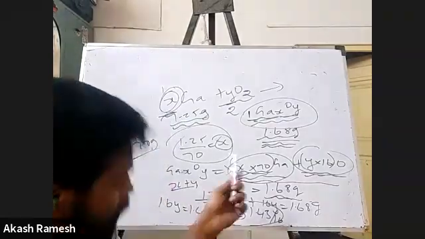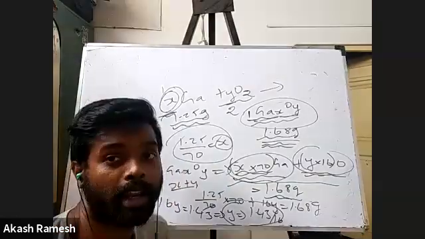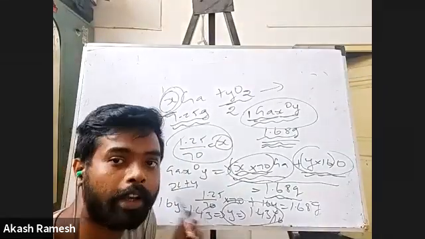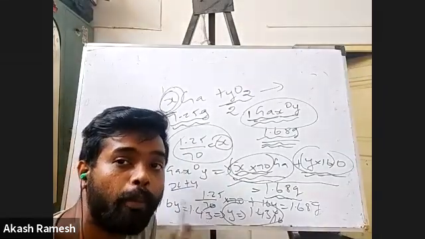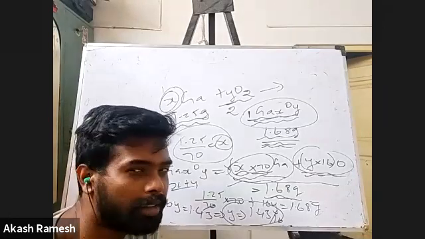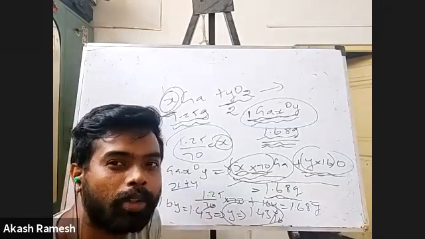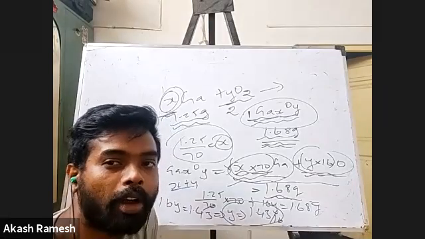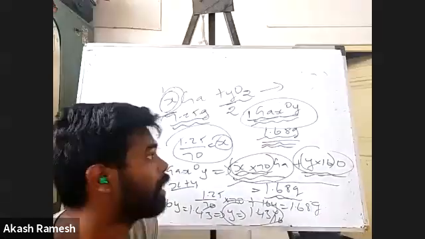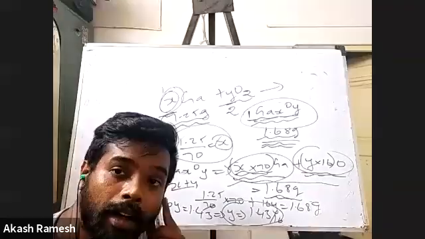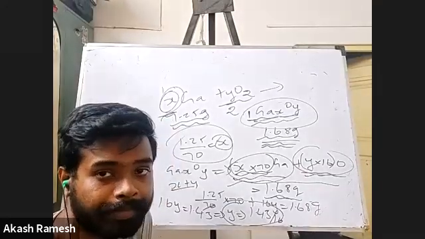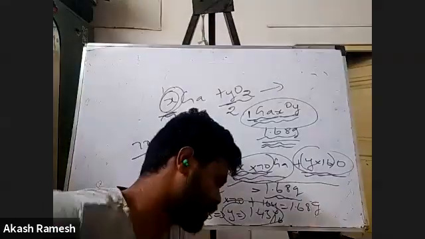Now what we'll see is the equivalent concept. We saw the mole concept and how to do stoichiometry in terms of moles. Now we'll see what this equivalent concept is, what all I can do with it, and how it is better than the mole concept.